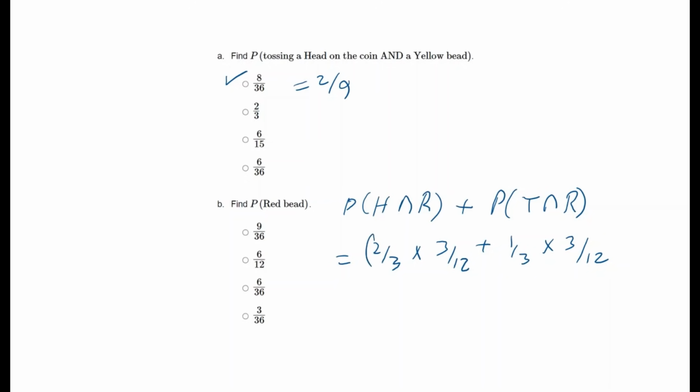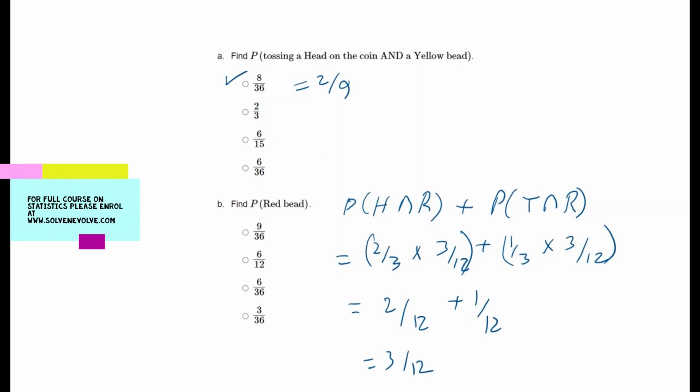So this is one set of multiplication and this is the other set of multiplication, and we see that this turns out to be 2 on 12 plus 1 on 12, which is 3 on 12. If we find the equivalent of this in the 4 choices, then we see that if we multiply both top and bottom by 3, we get 9 over 36. So this is an equivalent answer.